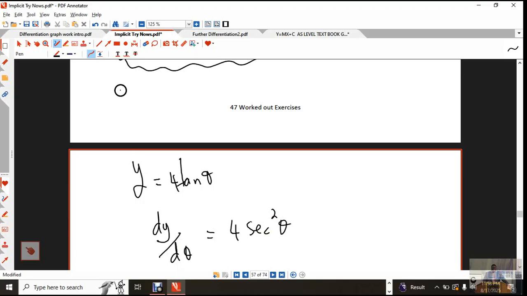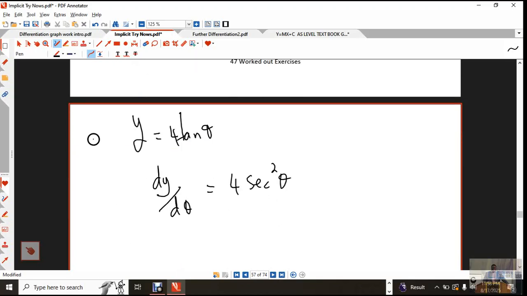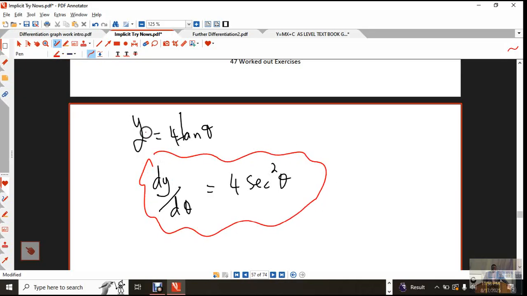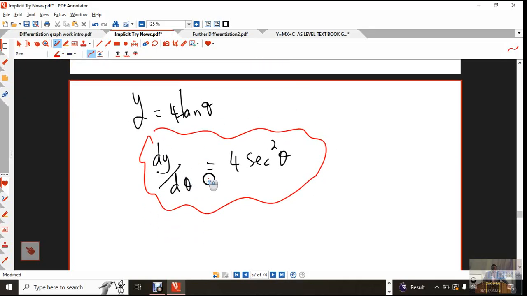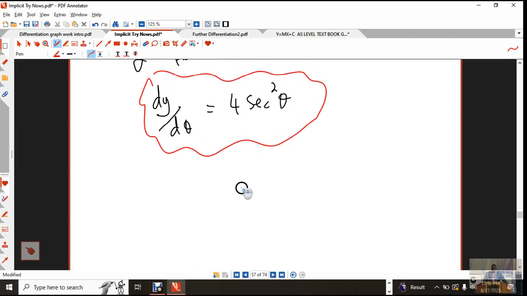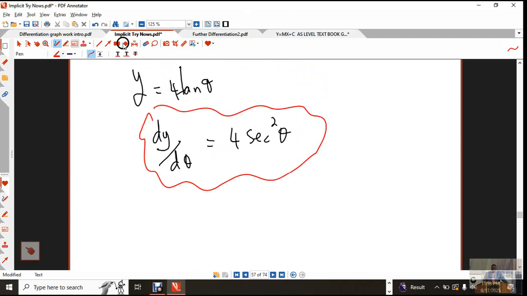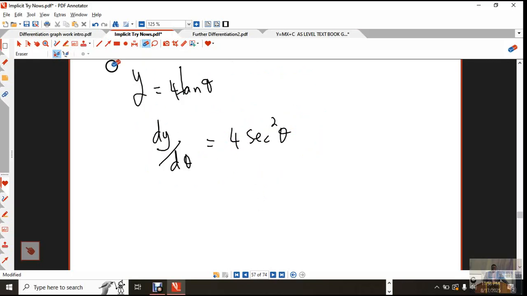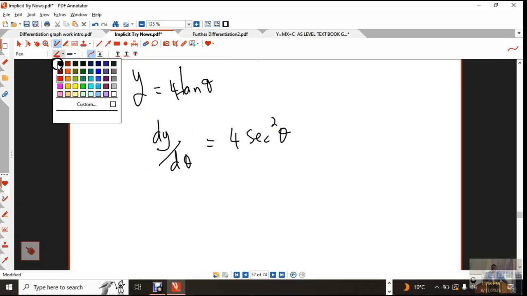So we need to multiply the two of them together in order to find dy/dx. Perhaps I can clean this one further, so that I don't work with that sec there.